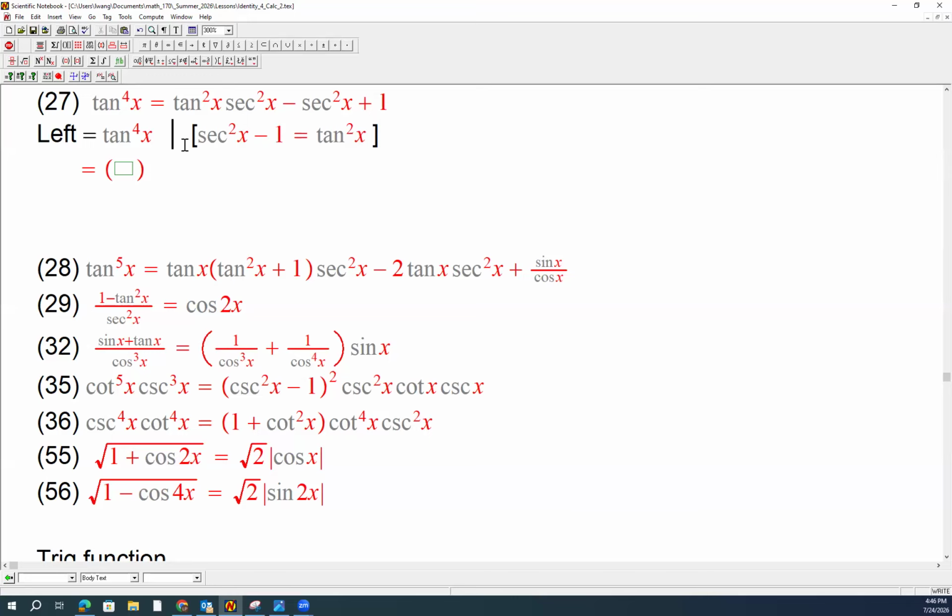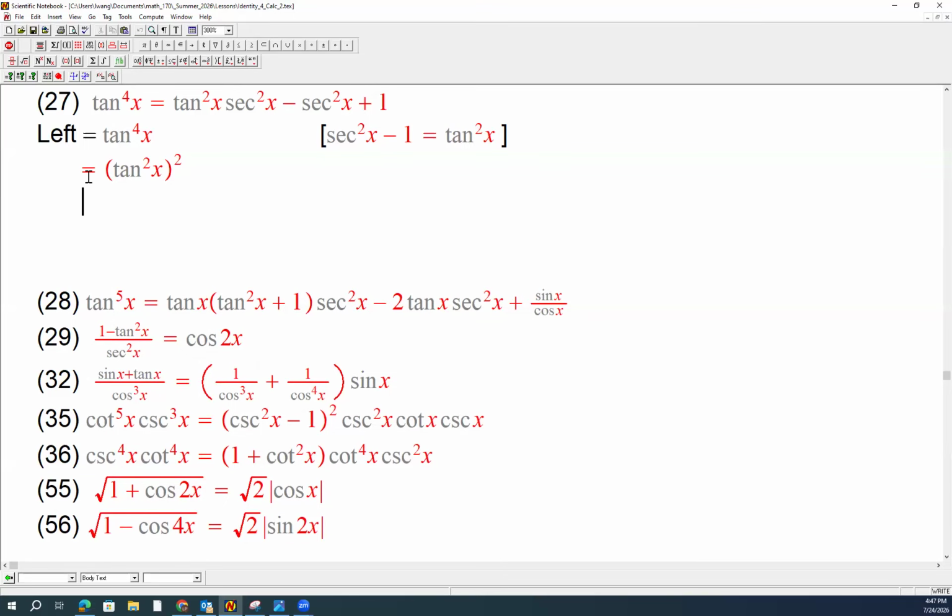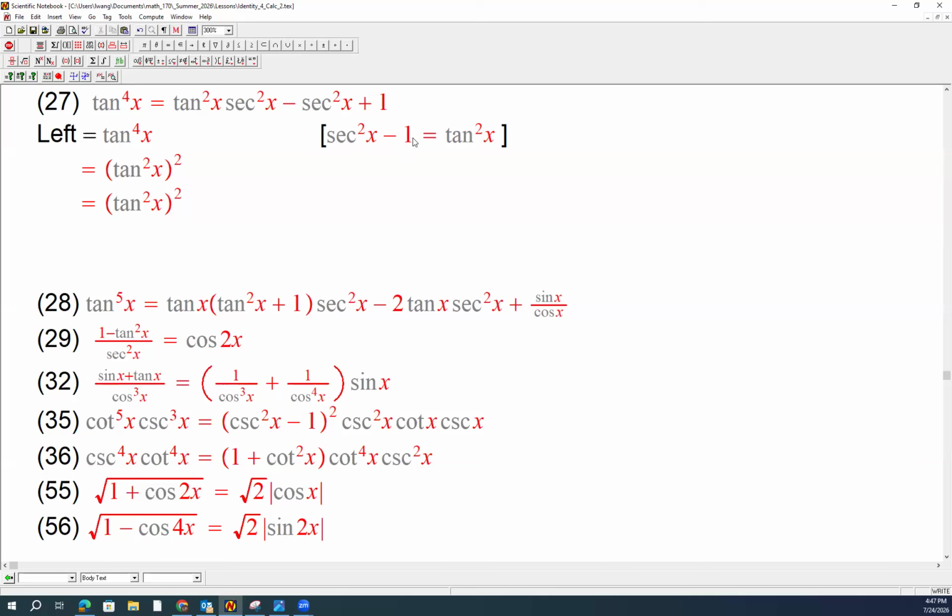So tangent to the power of 4 will turn into tangent squared, and then squared. And then tangent squared will be substituted by secant squared minus 1.